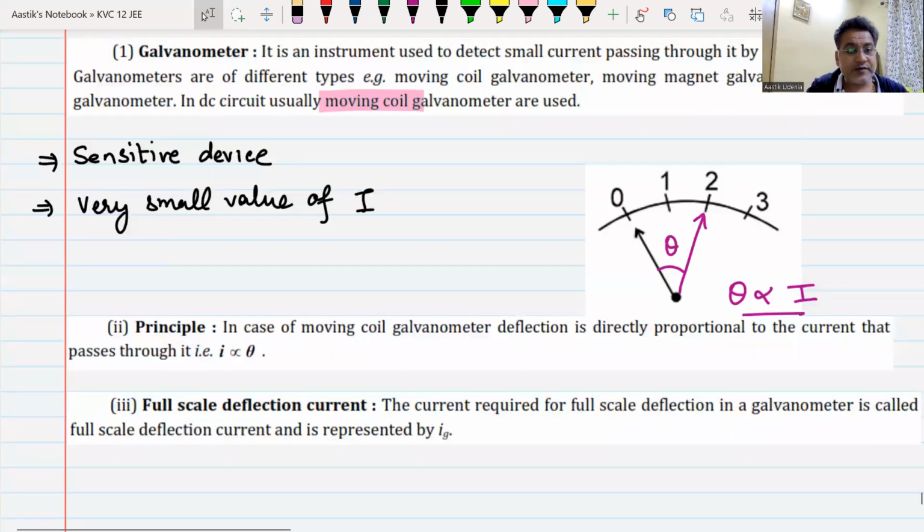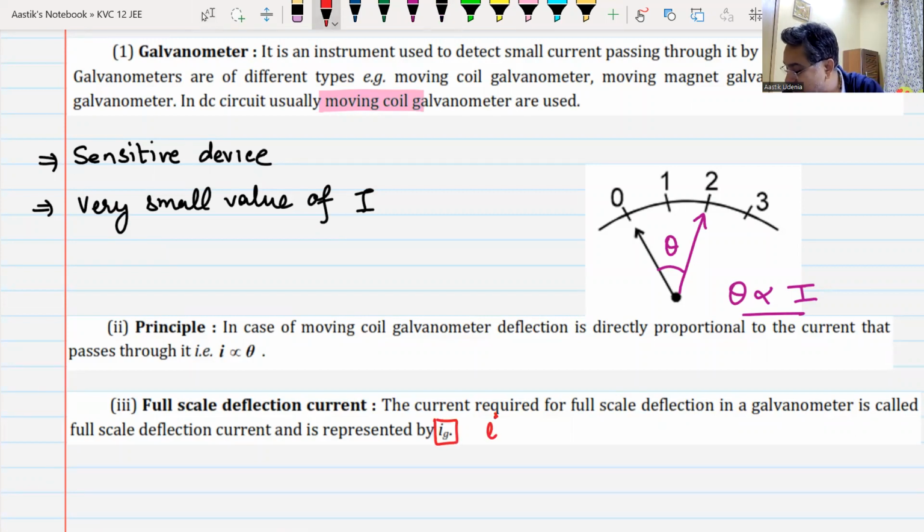Now, every galvanometer has something known as the full scale deflection current. Sometimes it is written as IG, the current through the galvanometer coil. Because of this current, this galvanometer will give full deflection here.